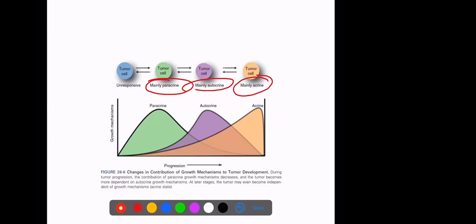What do you mean by acrine? These tumors become independent of any growth mechanism. They do whatever they want. They reach a stage that nobody can stop them unless we surgeons or doctors can do something. They reach a stage that naturally occurring protective mechanisms cannot stop their growth because they derive everything independently. So initially paracrine, after that autocrine, and finally it becomes mainly acrine.